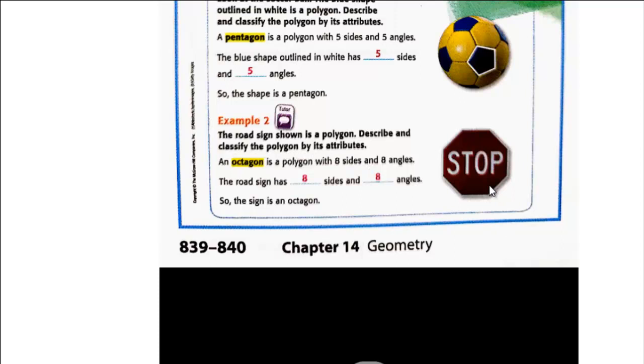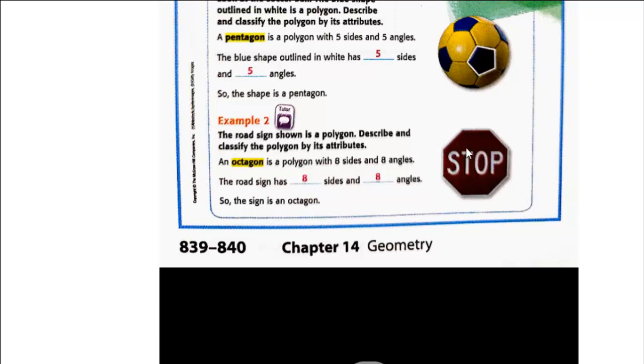Okay, here, this polygon is called an octagon. Why? This polygon is known by its sides. Let's count how many sides here. 1, 2, 3, 4, 5, 6, 7, 8. 8 sides. And how many angles?